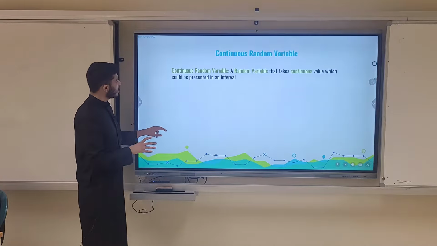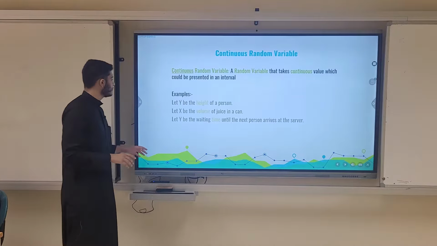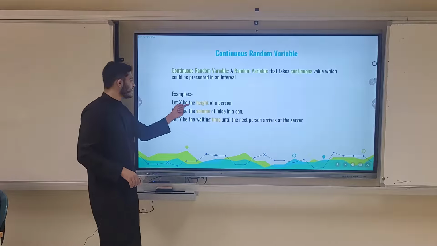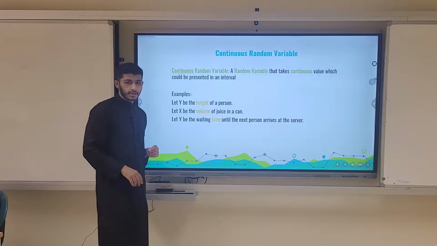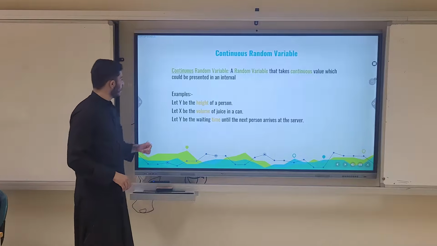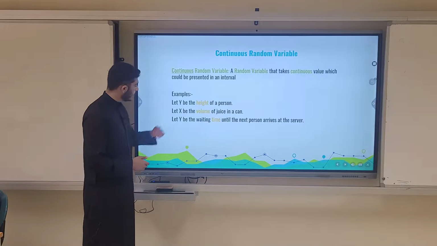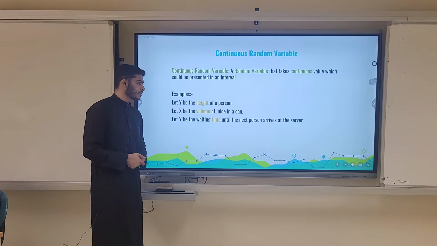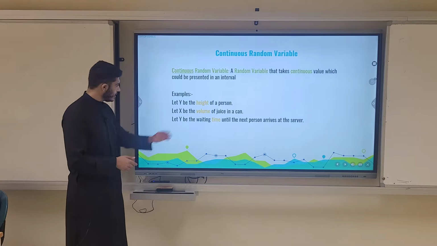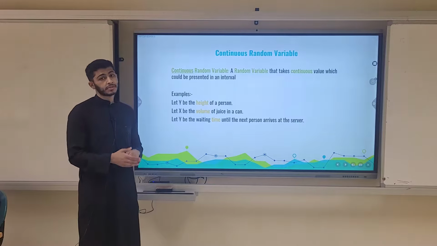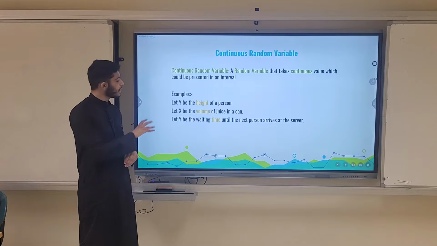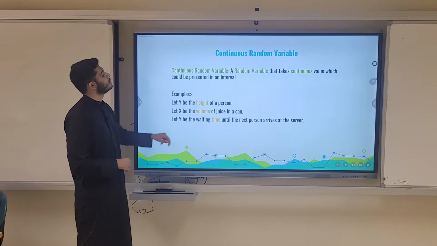So, an example of a continuous random variable might be letting capital Y be the height of a person. This is a continuous measurement. Or letting capital X be the volume of a juice can, or letting Y be the waiting time until the next person arrives at the server. These three things we have not dealt with in discrete random variables. Now we're going to deal with them using the continuous random variable.